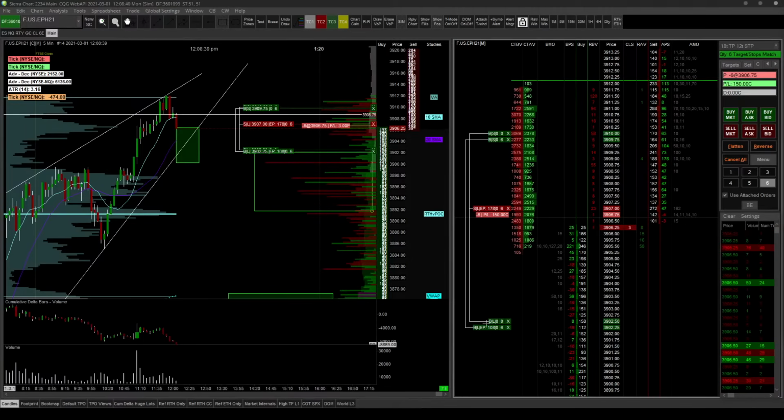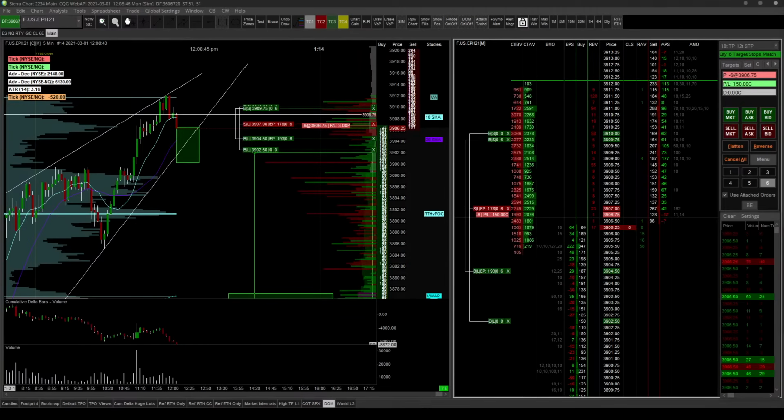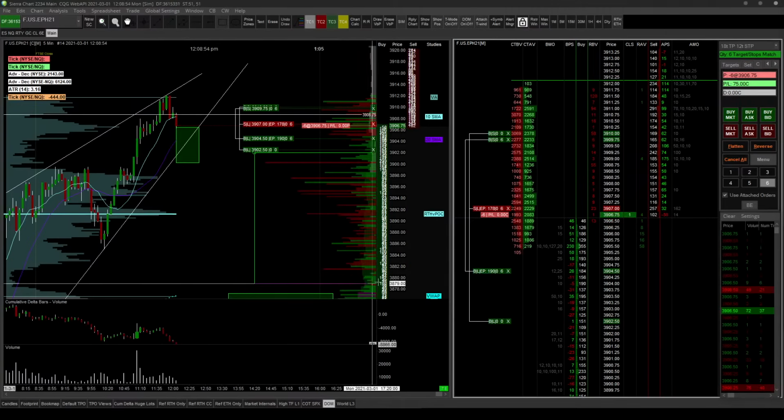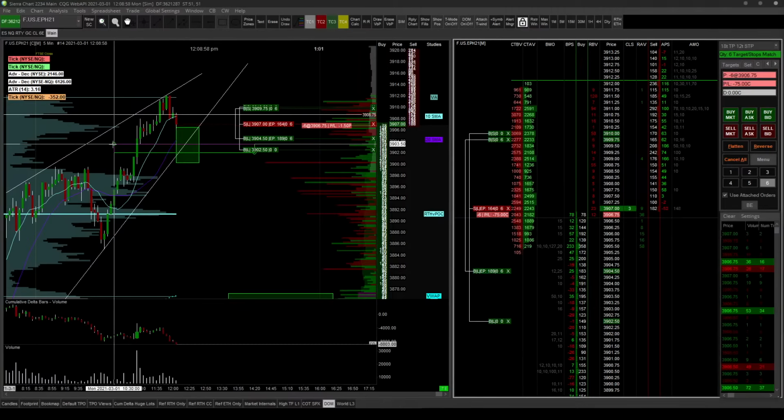Oh, I guess I can't do that. Let's see, where's the 20 at? 0450. It's actually 0425, and it'll probably puncture it because stops are under 0350. There you go.